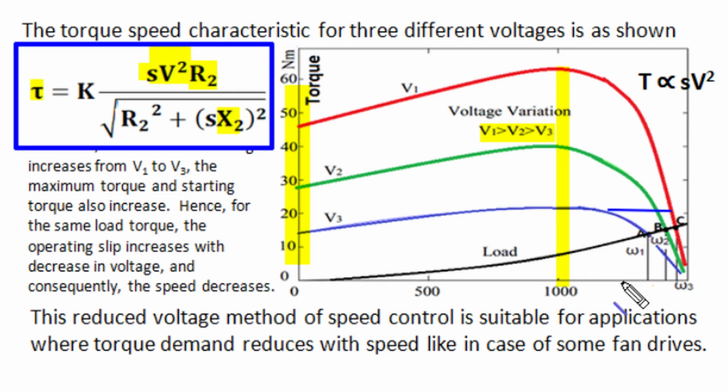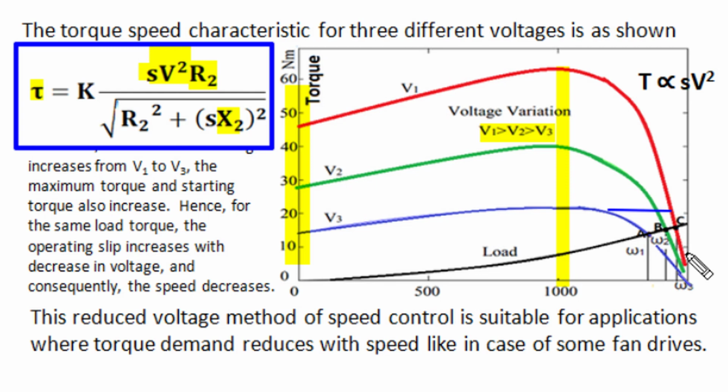But normally in fan and pump type of load, the load torque is proportional to square of speed. So when speed of the motor is reduced, load torque is simultaneously reduced, and the motor operating point at highest voltage V1, which is at C position, shifts to B or A position when voltage is reduced to either V2 or V3 level, and smooth reduction of voltage can take the appropriate lower slip operating position, and we can control speed by change of applied stator voltage.